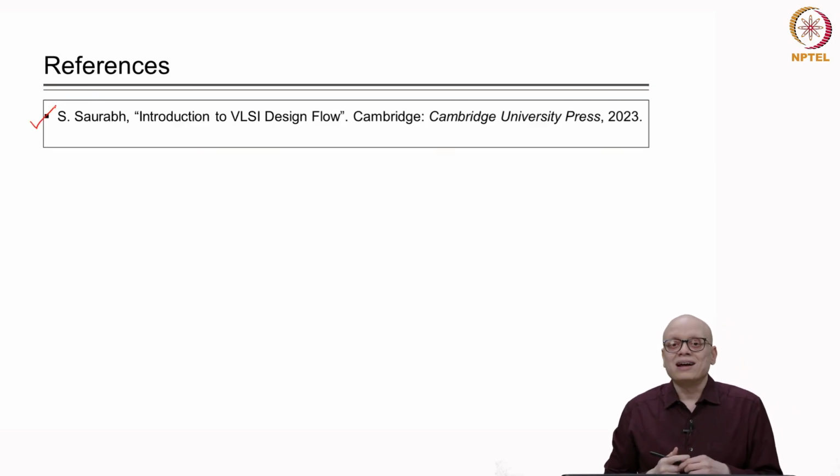Now, to summarize, in this lecture we have looked into some more aspects of floor planning, and we have also looked into power planning. An important thing to note here is that during the chip planning stage, a lot of manual intervention is made, and it is a very crucial step, and the decisions of chip planning impact the complete physical design implementation.